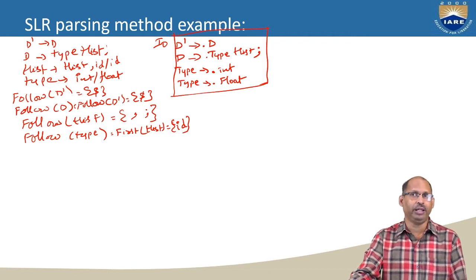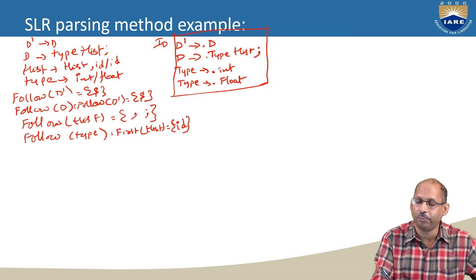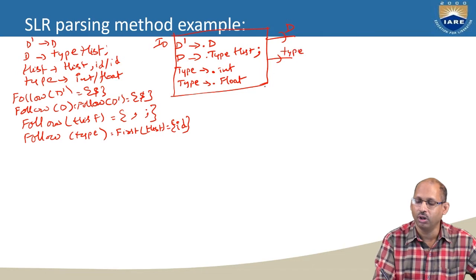Dot is followed by four symbols: capital D, type, int, float. So there will be go to operations on D, on type, on int, on float.